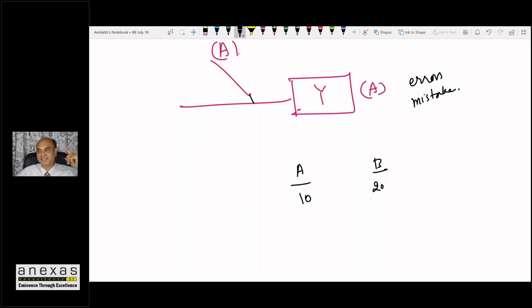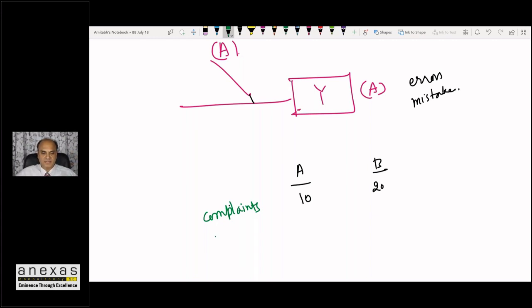So whenever you are dealing with attribute data, you have to ask for another category. Here it is pain or complaints, 10 and 20. The other category would be non-complaints.